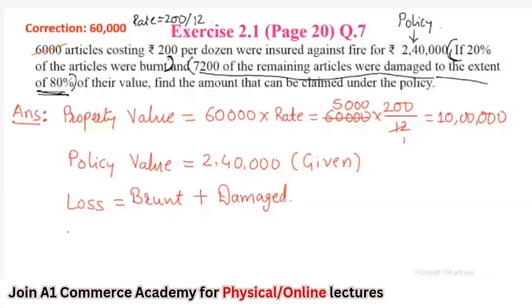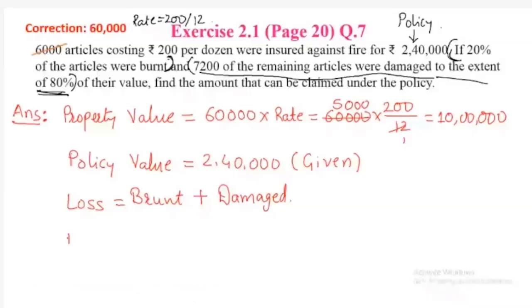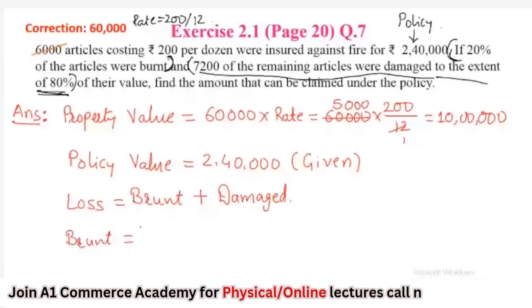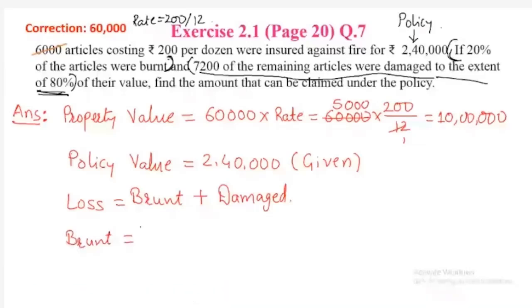Now let us calculate only burnt. Burnt is equal to, total कितना अपने पास? Total 60,000 articles into burnt कितना परसेंट हुआ? 20%. 20% is 20 upon 100.